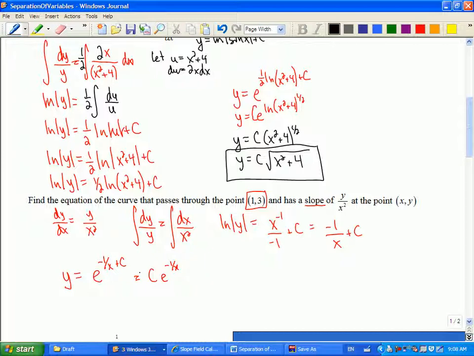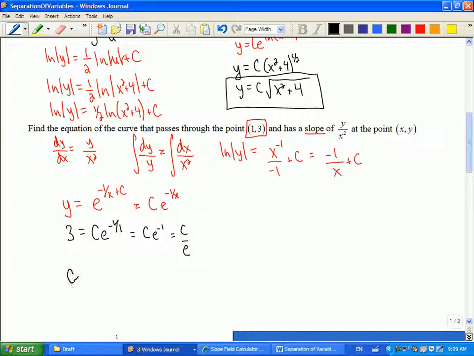Substituting it in, 3 equals that constant times e to the negative 1 over 1. So 3 will be equal to c times e to the negative 1. So 3 is equal to c divided by e. That means c must be equal to 3e. Then I can put that constant back into my problem, and I'll get y equals 3e times e to the negative 1 over x.